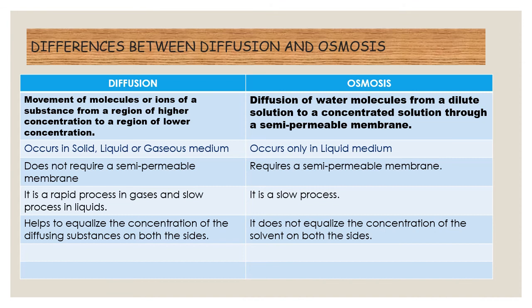Diffusion, happening in gases, is a very speedy process, but osmosis involves water and is a slow process. In diffusion there is equalization of concentration: once the movement starts from higher to lower concentration and both outside and inside concentrations are equal, diffusion stops. But that does not happen in osmosis.